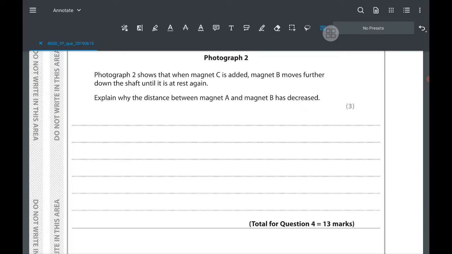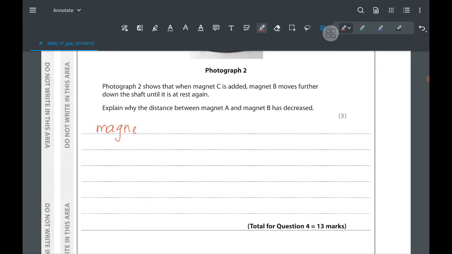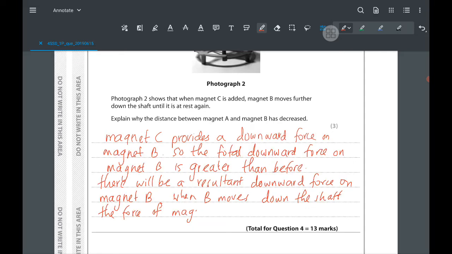So we will write: magnet C provides a downward force on magnet B. So the total downward force on magnet B is greater than before.